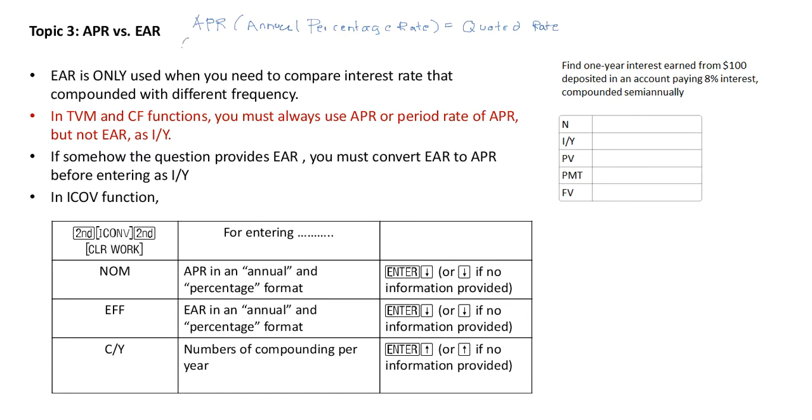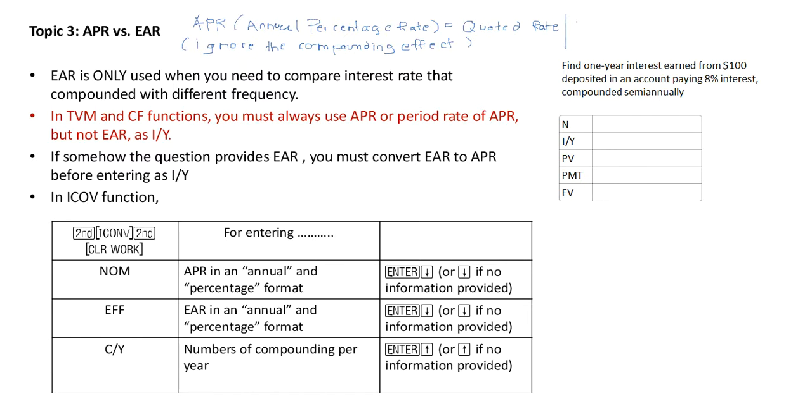When we say quoted rate, it means the rate shown as APR ignores the compounding effect. Okay.